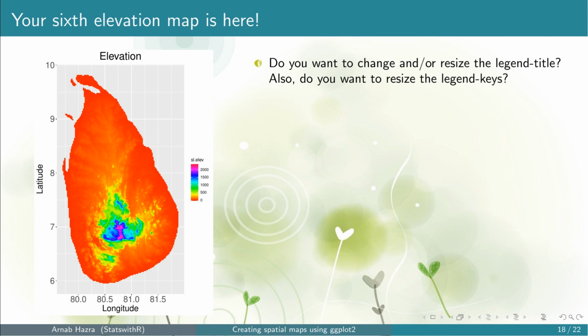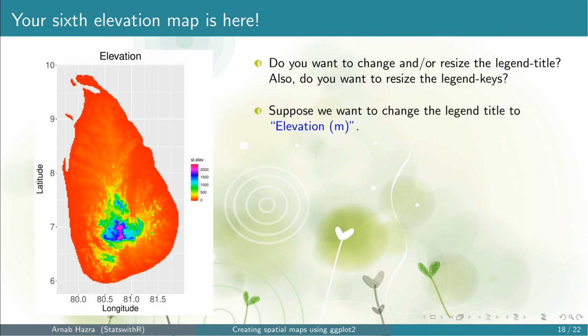Also, the numbers 0, 500, 1000 and so on the legend are very small, and you might want to enlarge them. Besides, the legend key is very small relative to the figure, and small scale variations in colors may be difficult to identify unless the legend key is large.